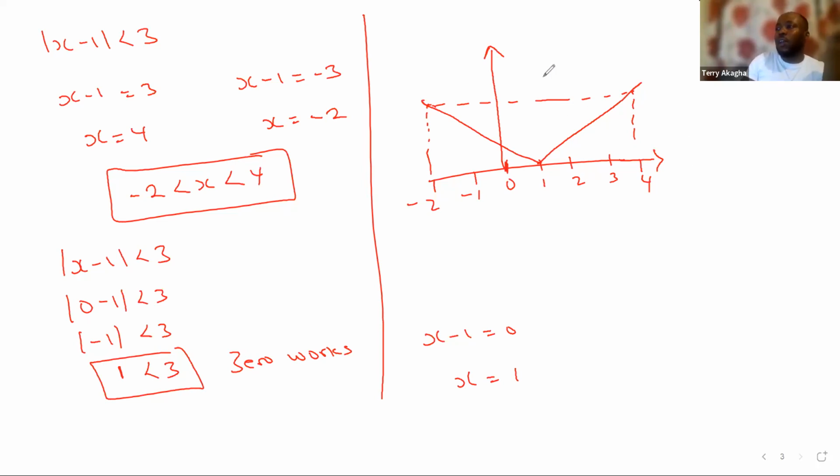And you see that this is at y is equal to y at 3, less than 3. So because we're doing less than 3, the answer is going to be here. And outside this is not going to be part of the solution. All the answers are going to be less than. So it's from this point all the way to this point. So that means all the solutions are going to be here. And that will be the answer for that.